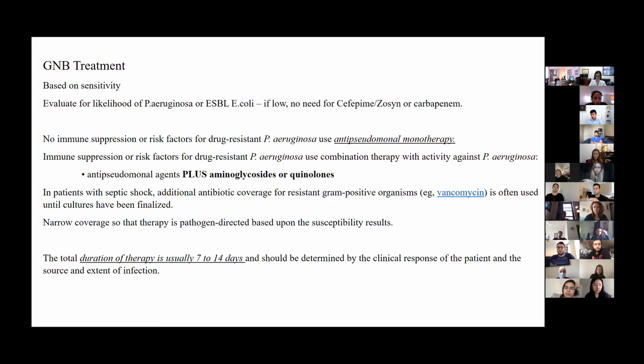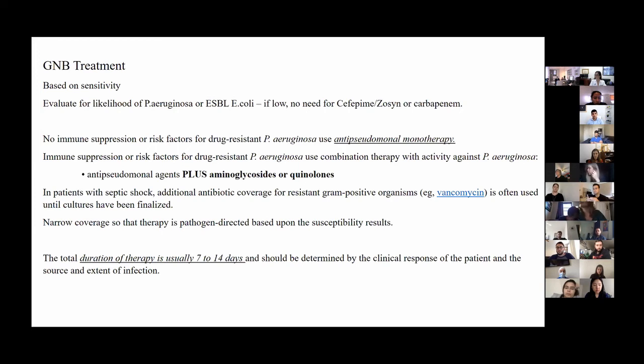If we are concerned, then we add an aminoglycoside or a quinolone. The problem with aminoglycosides is AKI. The problem with quinolones is that there was so much use of quinolones that they're often not adding much. If it's going to be resistant to cefepime, it's probably going to be resistant to a quinolone. So you're not getting that much out of your quinolone. So I think if somebody is really sick, it's worth giving them the aminoglycoside pending the culture.